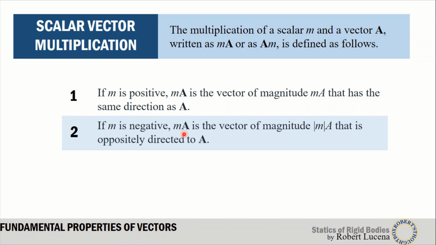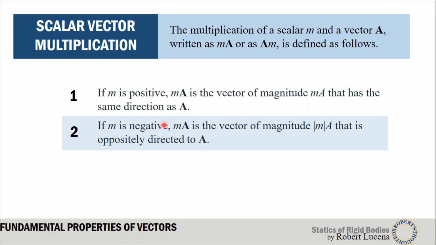So mA is the vector of magnitude mA that is oppositely directed to A. Again, if m is a positive scalar quantity multiplied to A, which is a vector quantity, the magnitude would be mA and it would still have the same direction as A.